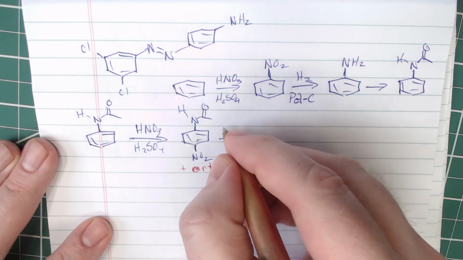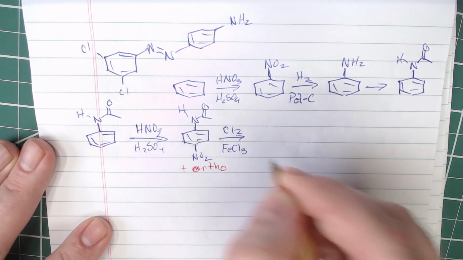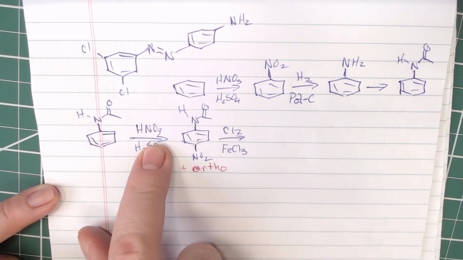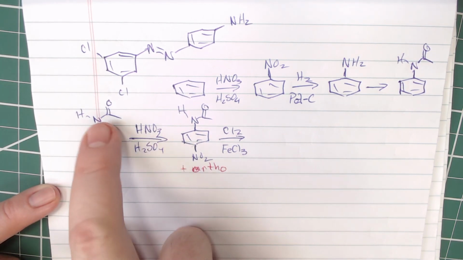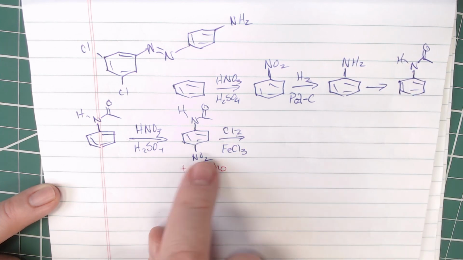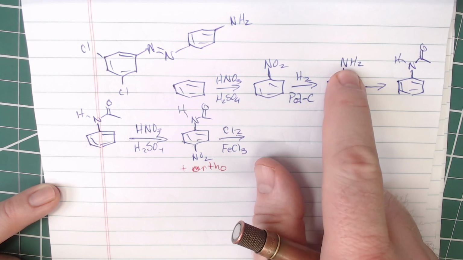All right, and then with that, to get our 2 chlorines on there, we're going to put Cl2 and FeCl3. Now, I'm not sure if this particular reaction would be hindered by having aniline instead of the acetanilide, but I'm pretty sure this one would react with the aniline.